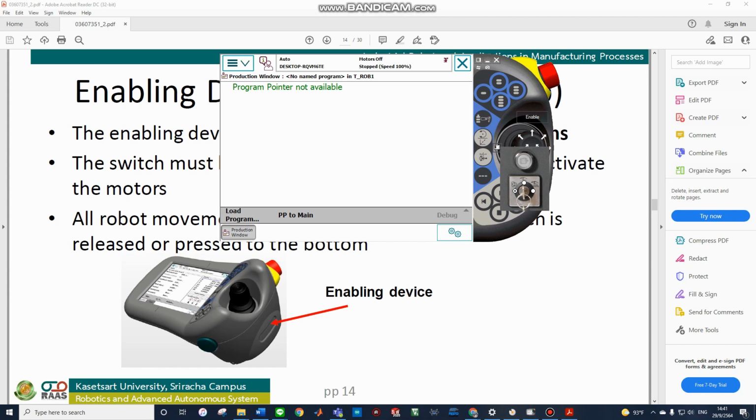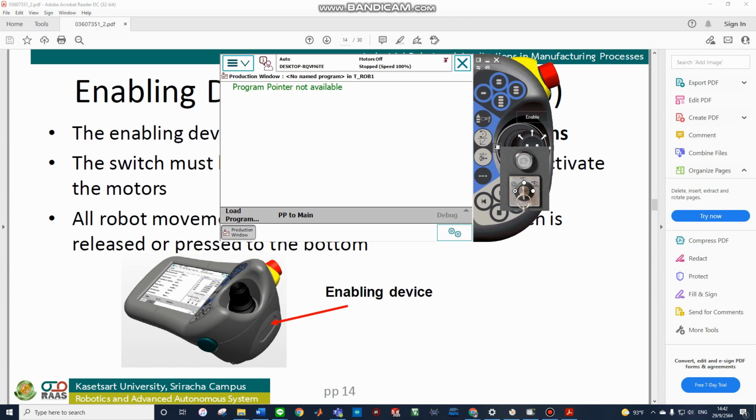Okay, this is the ABB's safety solution and overview. Emergency stop, operating mode, production auto, interlock guardings.